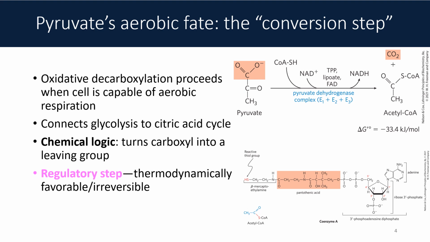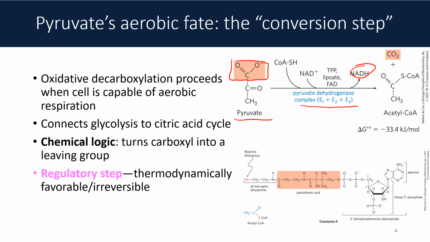We will start with pyruvic acid and see this COO- highlighted in red. We will be removing that and oxidizing the pyruvate molecule through the enzyme pyruvate dehydrogenase complex. And when we do so, we will extract out NADH, which is again money in the bank.